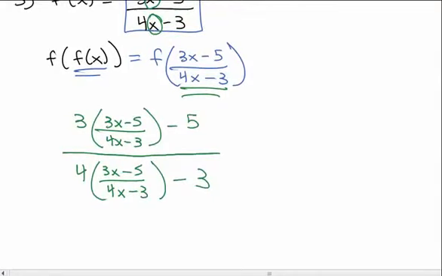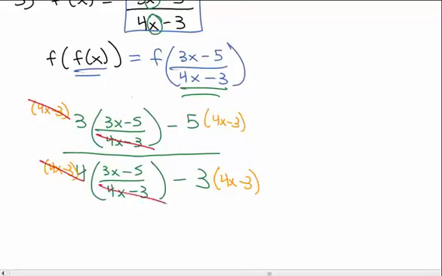To help us out, I'm going to get rid of those compound fractions. And if you remember from our previous unit, we get rid of compound fractions by multiplying each term. Terms are separated by plus and minus. There's 2 on top, 2 on the bottom. By the common denominator, which is 4x minus 3. And when we do that, the first sets of 4x minus 3's divide out top and bottom.